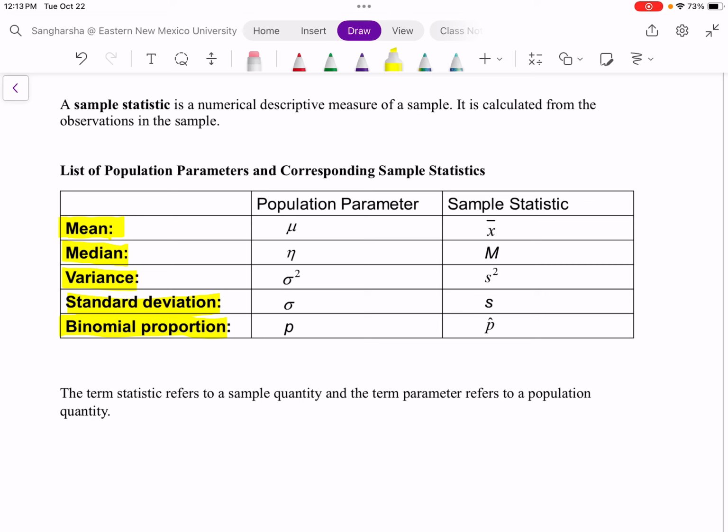You haven't seen the data, okay? You don't have that data, but the only thing that you know about the data is that the mean is 3. What can you say about the data if the mean is equal to 3?